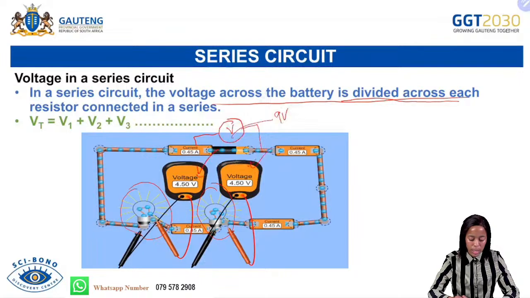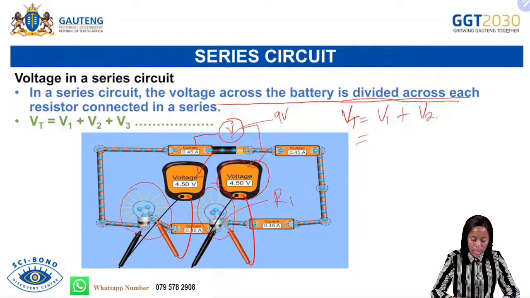So if we have two resistors and we are asked to calculate the total voltage, this is what we are going to do. We are going to look at the voltage that we have for each of the light bulbs. If this one is light bulb R1 and this one is light bulb R2, we can call this one V1 and this one V2.